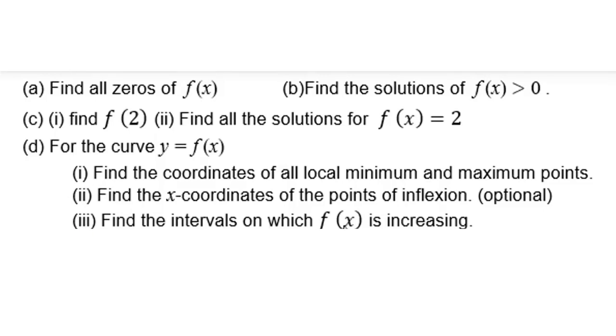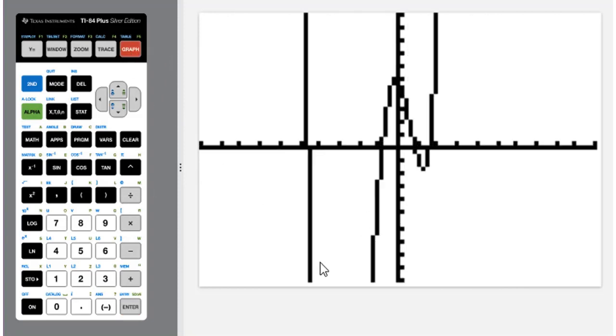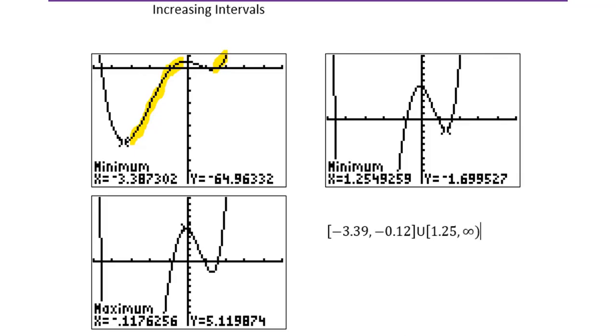Now let's go to number 3 for D. Find the intervals on which f(x) is increasing. Now this time we will highlight this y1 for this equal sign. So the graph only shows y1. We already got the maximum value and the minimum value. Therefore, we can get the increasing interval easily.